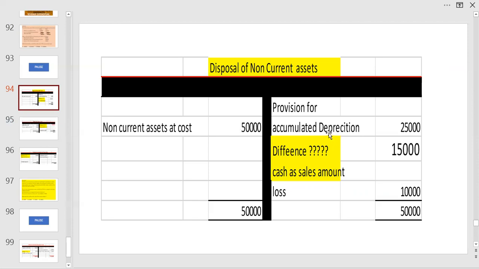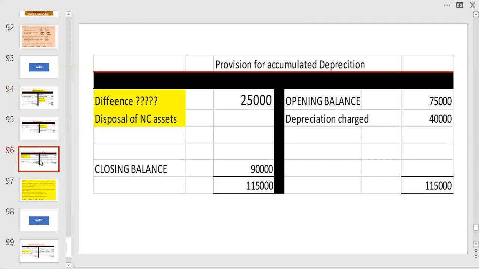Similarly, we have said accumulated depreciation of 25,000. That again, if you see the same way, the opening balance is given. Since it's a provision, it has to be a provision of an asset. Therefore, it has to be a credit balance. 75,000 opening balance, 90,000 closing. These are all given in the sum.